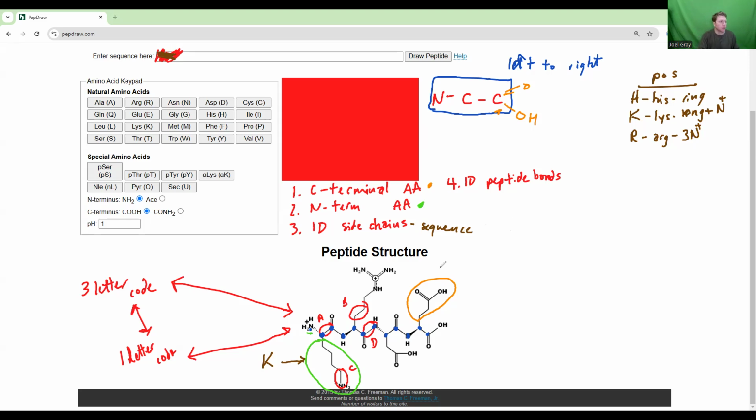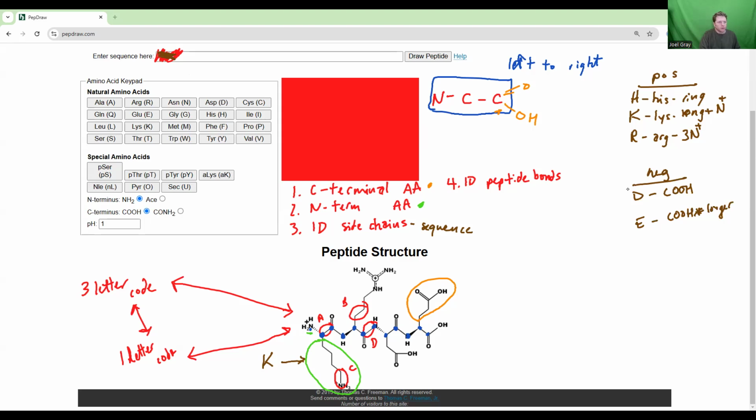in that R group. So then my negative residues, well, it's D and E. They both have COOH, and E is, I'll just say, longer.